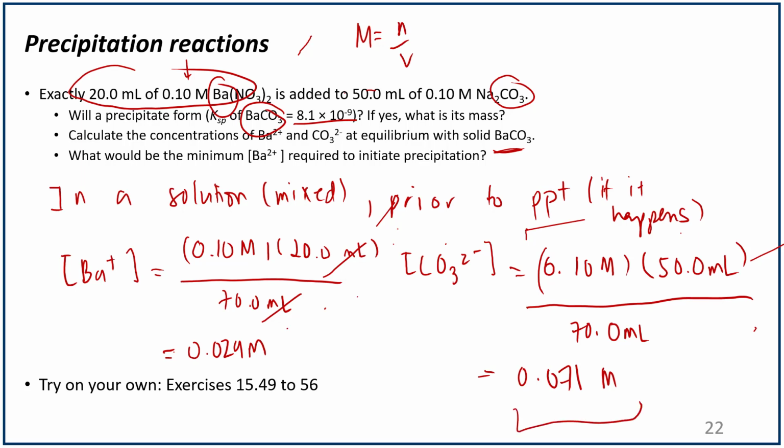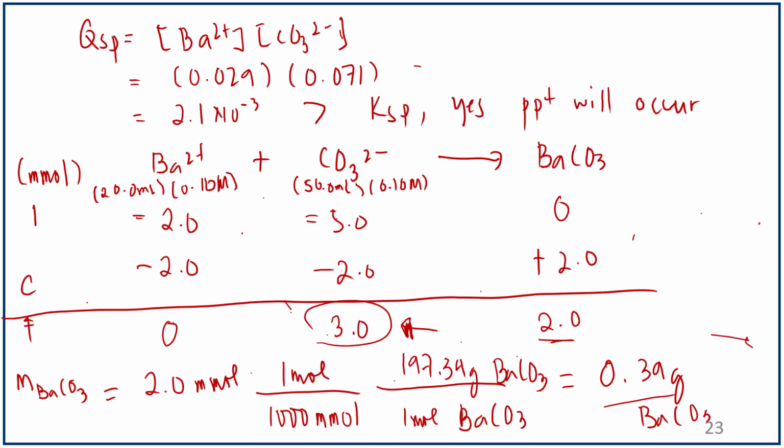From there, if you have that amount of carbonate, how much is the bare minimum to actually initiate the reaction? Remember that currently the carbonate from sodium carbonate is in excess in solution. So we can just set up an ICE table to illustrate what I'm saying.